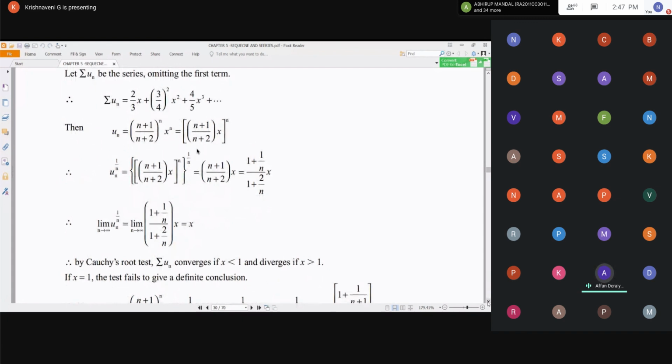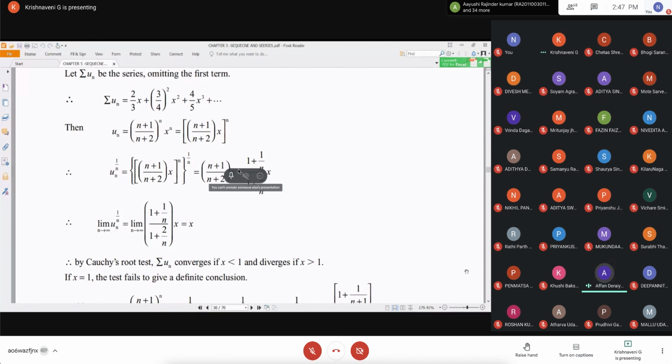So over here, after we have put the limit nth root raised to power 1 by n, the answer is coming as x plus 1 by 2, right? I guess they have taken 1 by 2 as constant. If x is less than 1, let's say x is minus 1, then minus 1 plus 1 by 2, that is minus 1, so it will converge. But if x is greater than 1, let's say 2, then 2 plus 1 by 2, that is 5 by 2, which is greater than 1, so it diverges. So I guess they have taken 1 by 2 as constant, and in the answer they have added it.